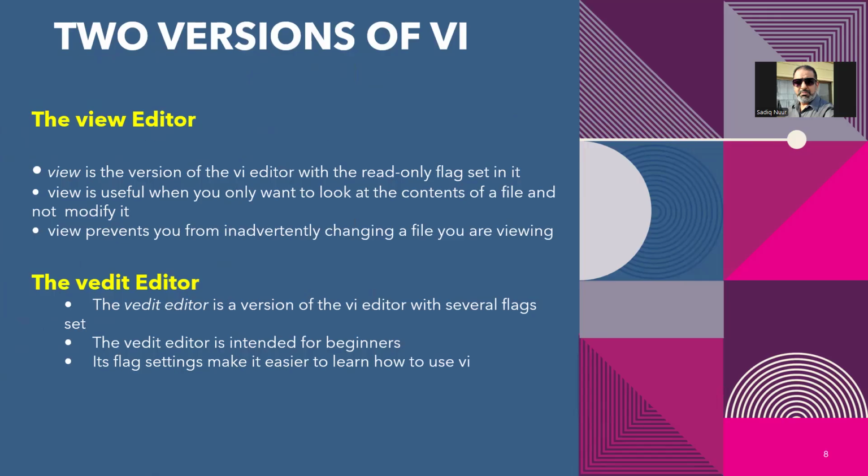So view prevents you from inadvertently changing a file you are viewing. Whereas the VEdit editor is a version of the VI editor with several flags set, intended for beginners. Its flag setting makes it easier to learn how to use the VI.